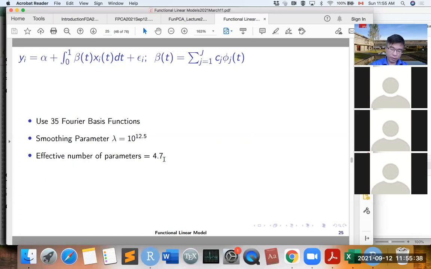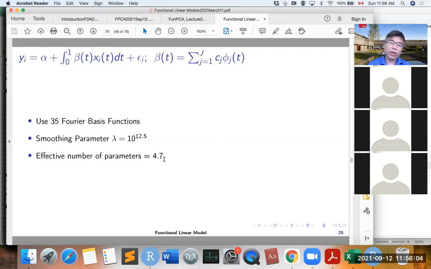This is another thing I mentioned before: when we use this roughness penalty method, we can control the number of basis functions to be any value, right? But if you just choose the number of knots, then your number of basis functions can only be an integer.